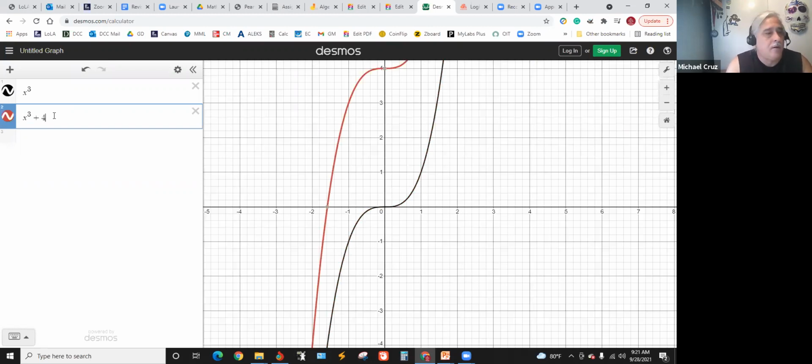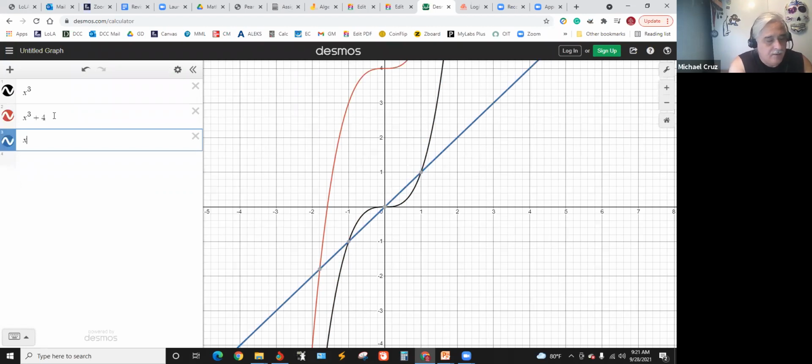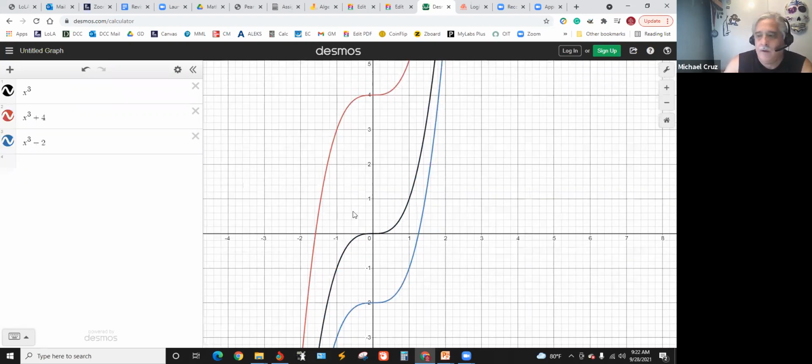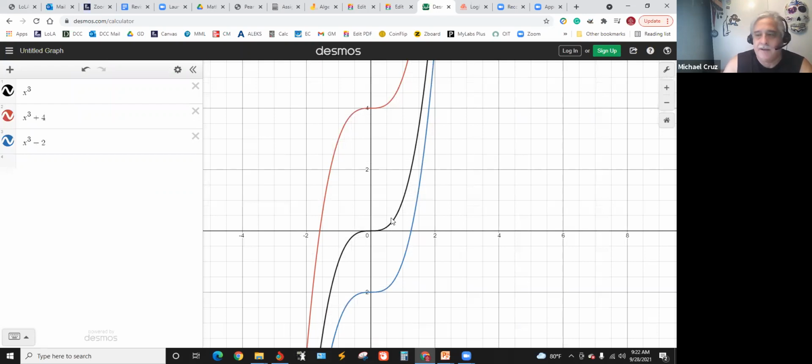We can do plus 4, and then let's try it with a minus 2. All three of those are the exact same shape. The only thing that's done to them is either shift upward, which is the red one, 4, or shifts downward, in this case 2, because of the -2.